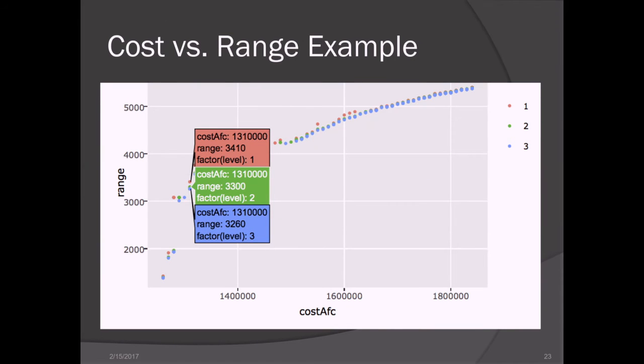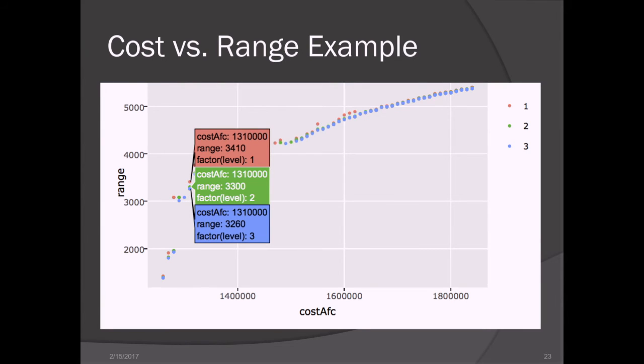And here's an example of why you might want to look at different levels of Pareto front points. You can see here for one example, we have a cost of $1.31 million, and we have 3 different ranges for the level 1, level 2, and level 3 Pareto front points. Obviously, if you can, you want to take the level 1 Pareto front point.